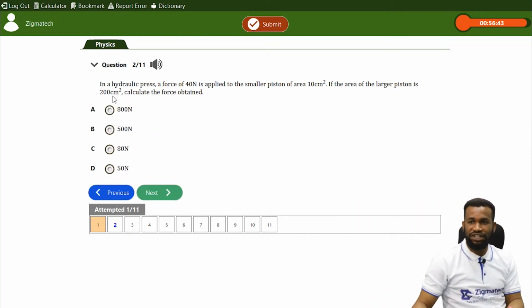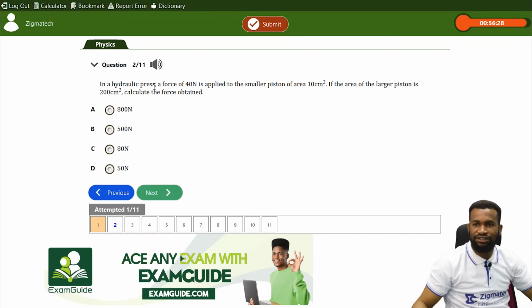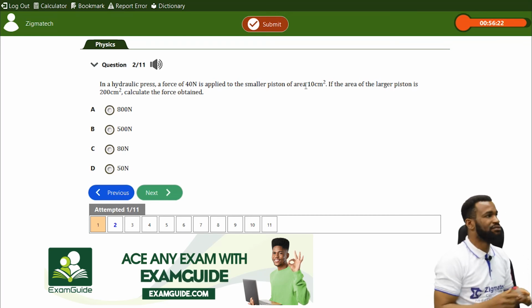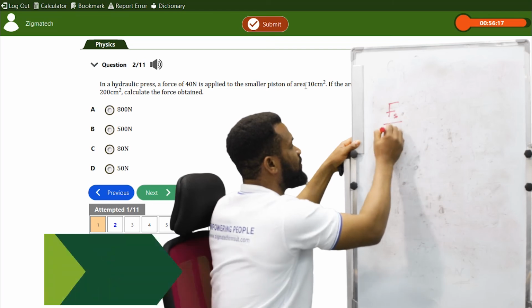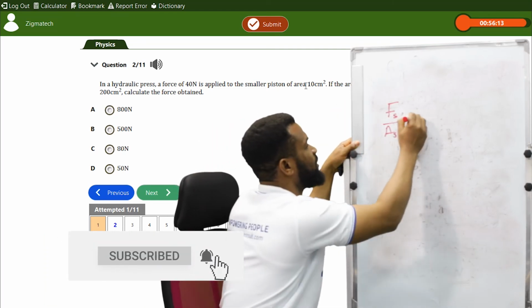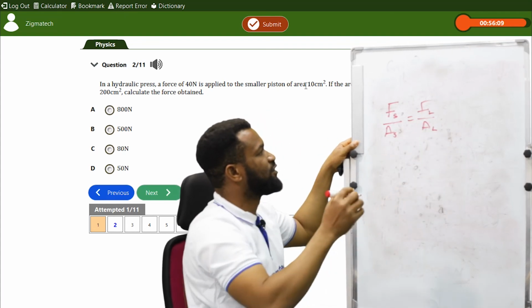Okay. Now, this question is about hydraulic press. In a hydraulic press, a force of 40 Newton is applied to the smaller piston of area 10. Remember, the force of the small piston over area of the small piston must be equal to the force of the large piston over area of the large piston.